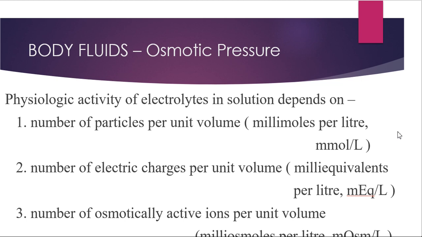So number of particles per unit volume, whenever we are dealing with the number of ions, that is electric charges per unit volume, we use milliequivalents per liter. Like in cases of sodium or potassium, the values are usually in milliequivalents per liter because they are ions.